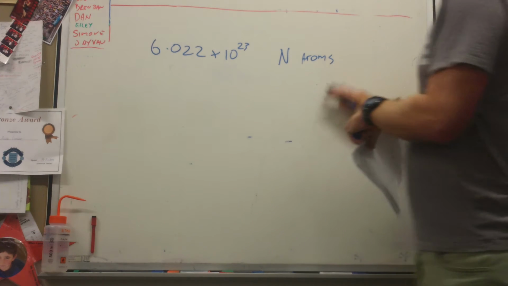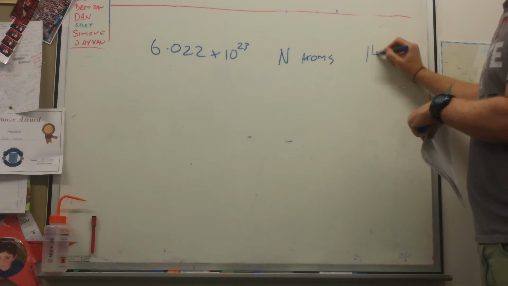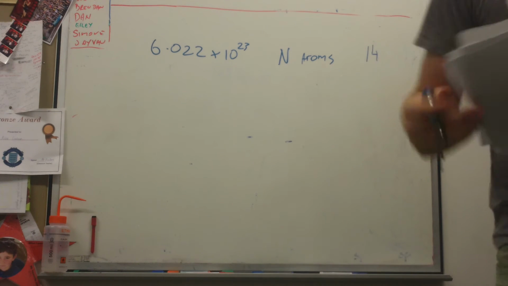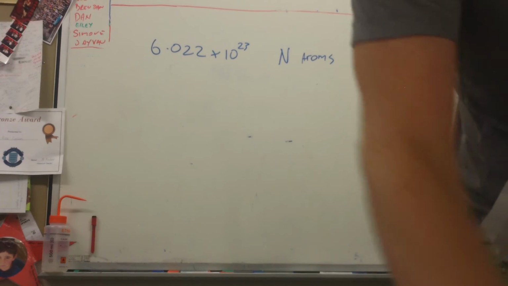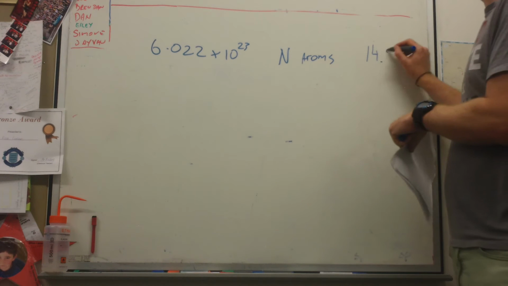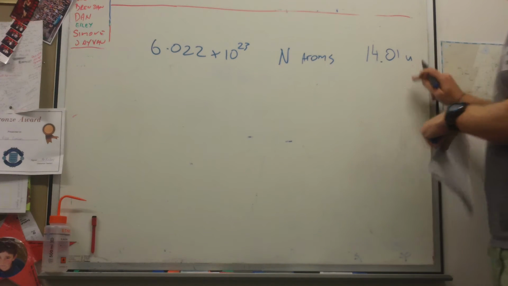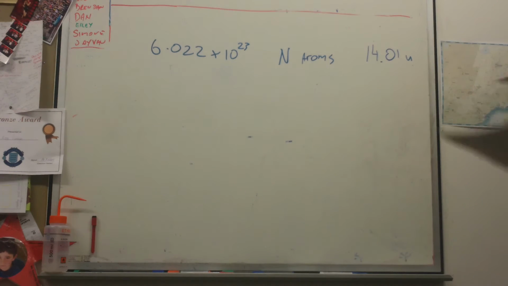And we're told that each nitrogen weighs, so be careful on significant figures, 14.01 atomic mass units. We're asked what is the mass in grams, so we know that's going to be our answer. We need to associate that process.